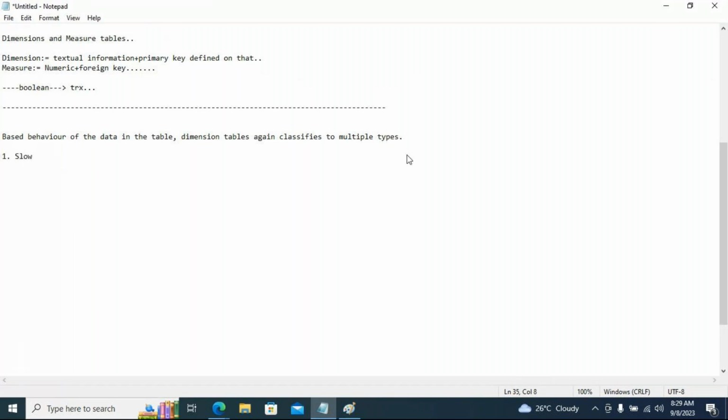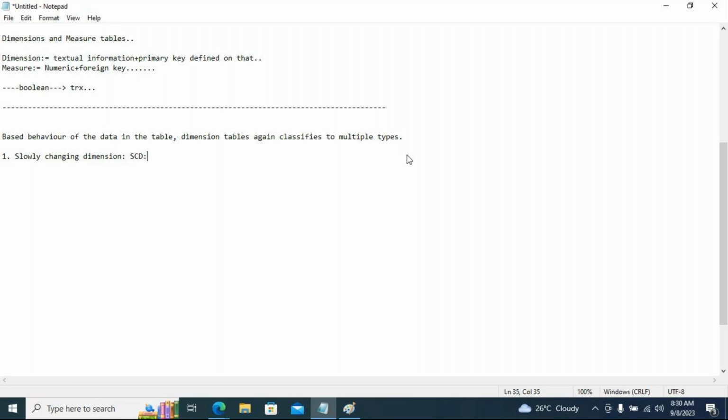One is the slowly changing dimension, which we can call SCD. Any idea about slowly changing dimension? Moreover, here we are discussing a few details, not the full content about dimension types, only the important key dimension types. Based on the naming convention, what can we define as the definition for this?